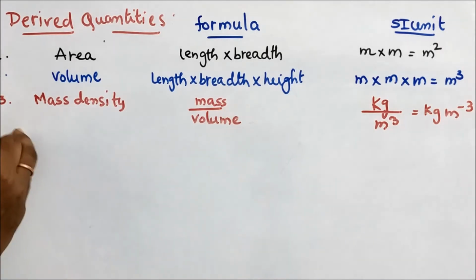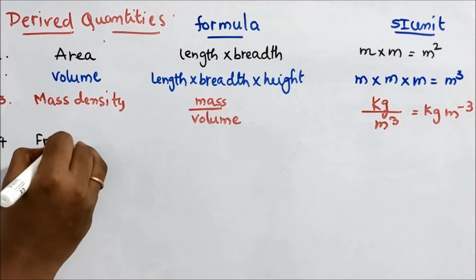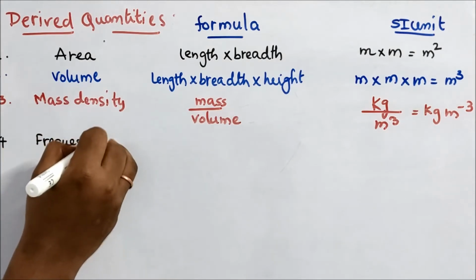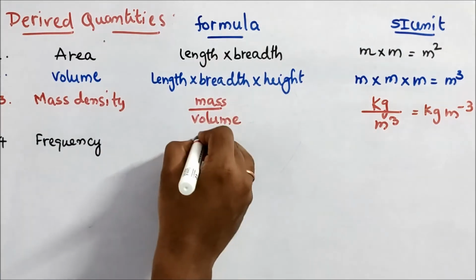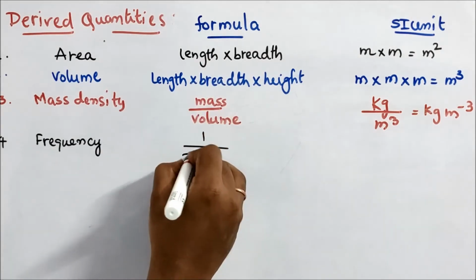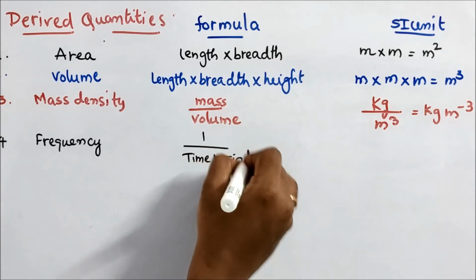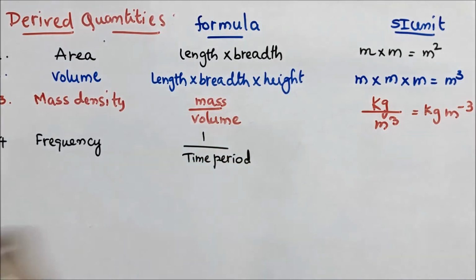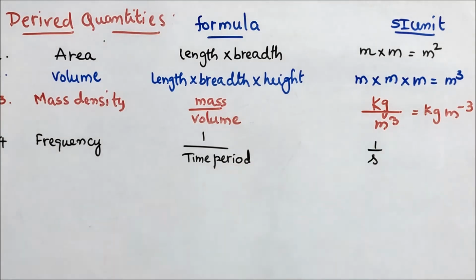Next, frequency. The formula for frequency is 1 by time period. The unit for time period is second, so 1 by second.